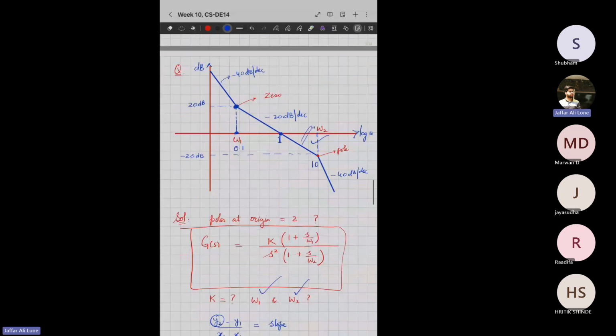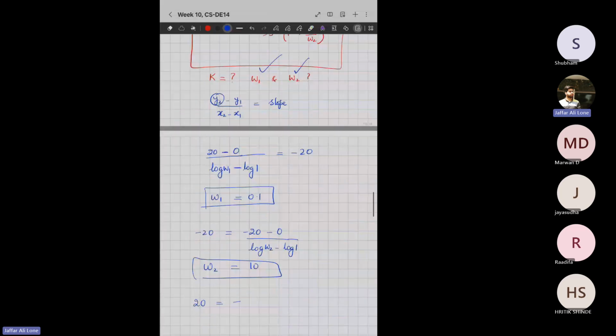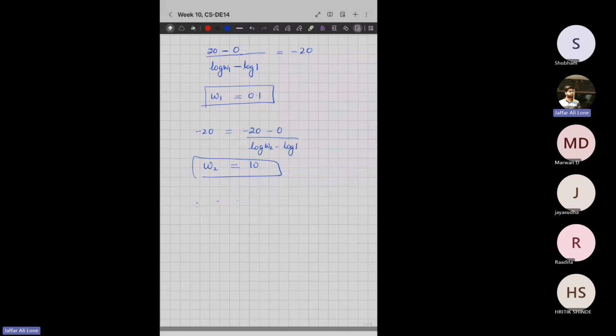Or you can use any formula. You can just make use of this one point, where the magnitude is 0. You can apply any formula, and whatever formula you apply, the answer will be the same. So you yourself try it. Whatever ways we discussed right now, the answer will be K equal to 0.1.